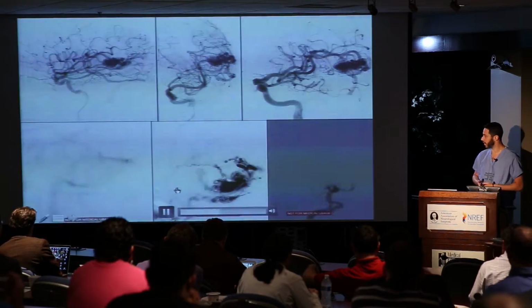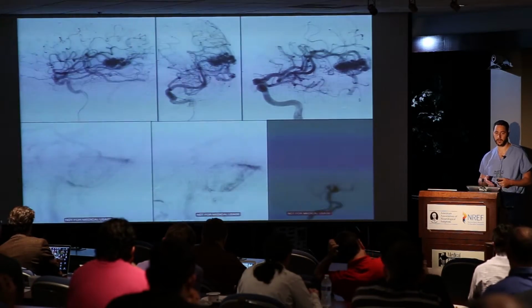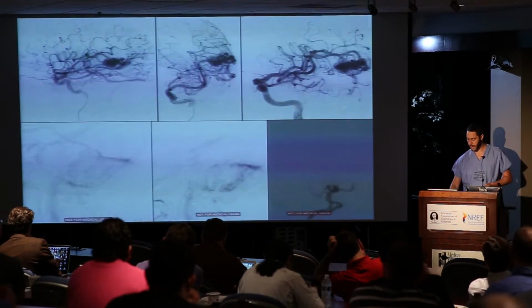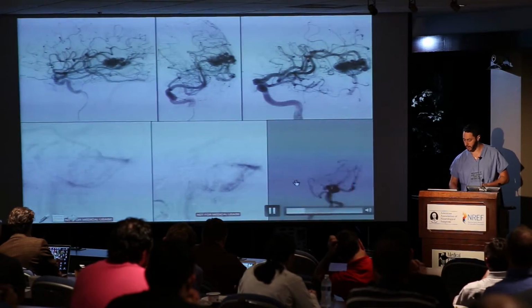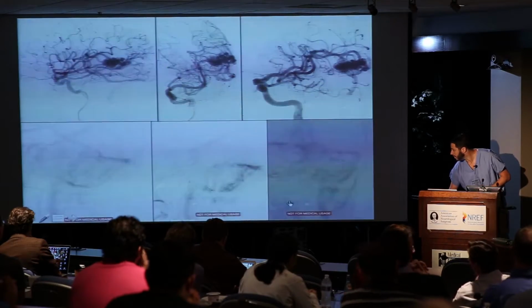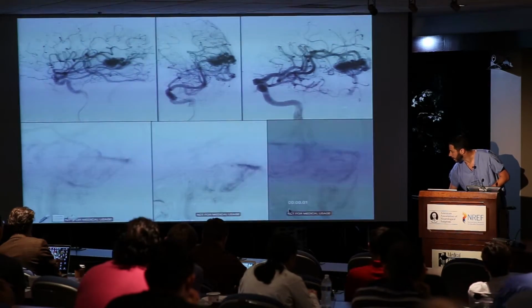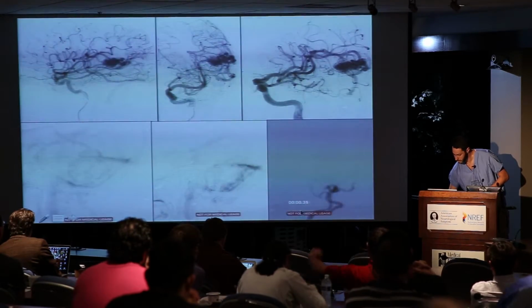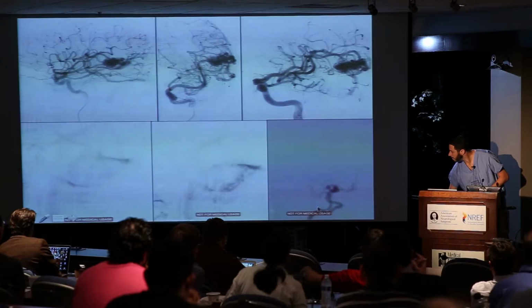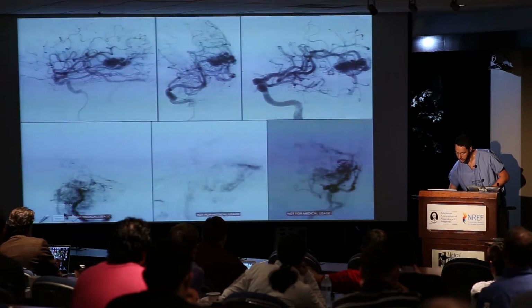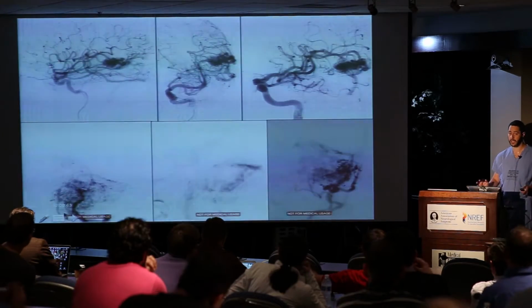You'll see why. Here's her external carotid artery injection. Massive middle meningeal, occipital, transosseous supply. And then when you look at this AP picture of the external carotid artery, now you're seeing the whole AVM.